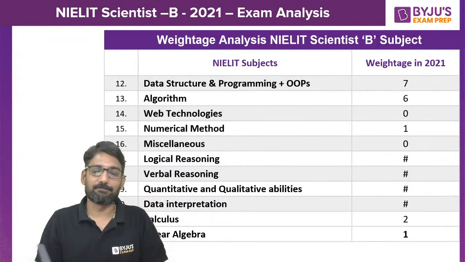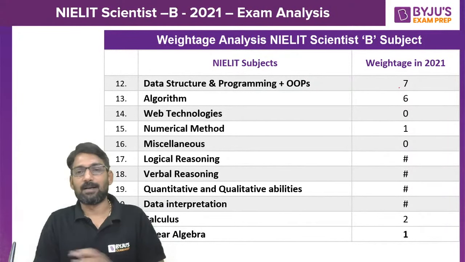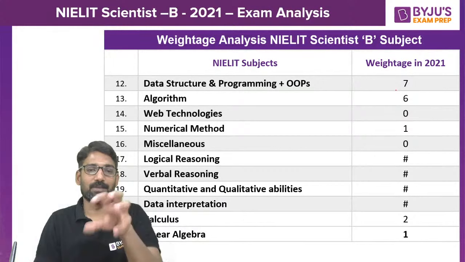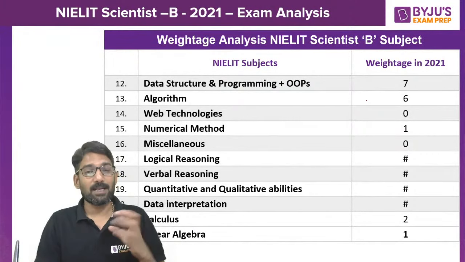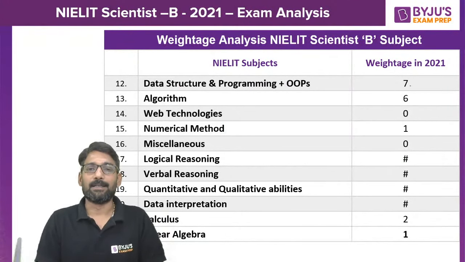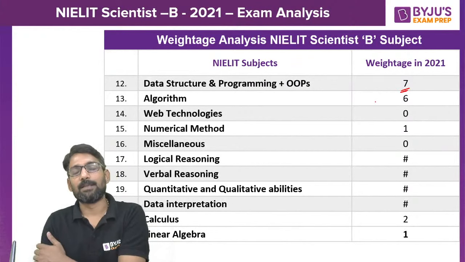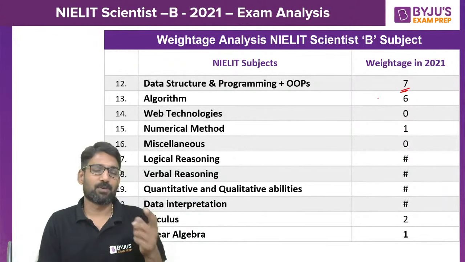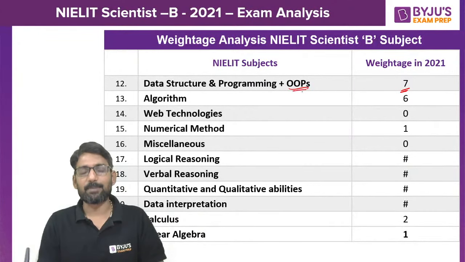Guys, you can correct me if I am wrong, because this is our observation in the available time. Once we got the paper, our team worked hard to give this analysis, and please feel free to correct us if you find any error. From programming, data structures and object oriented programming, we have 7, and as per my observation only one question came from object oriented programming.